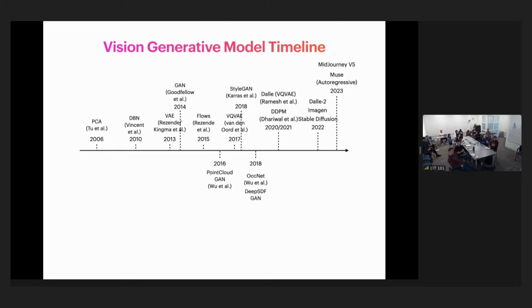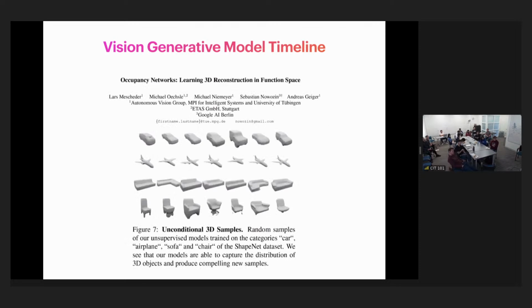Later, 2018 was a year when implicit representations of 3D became very popular. There's the Occupancy Networks paper and the DeepSDF paper, so you're able to generate watertight meshes or pretty high-fidelity 3D shapes with datasets like ShapeNet.